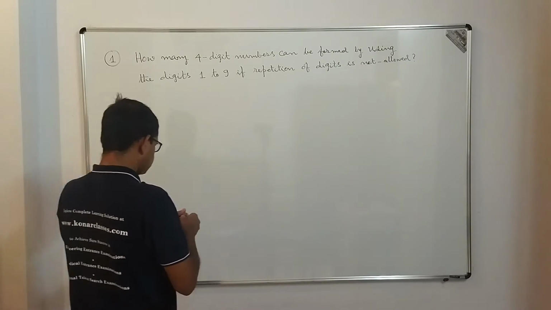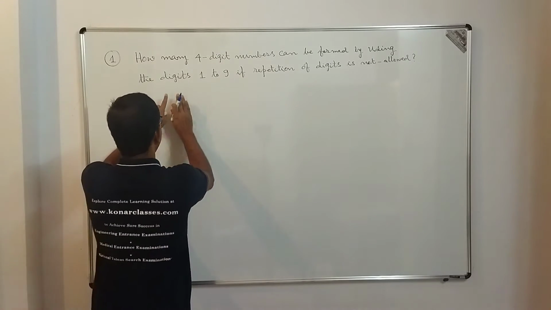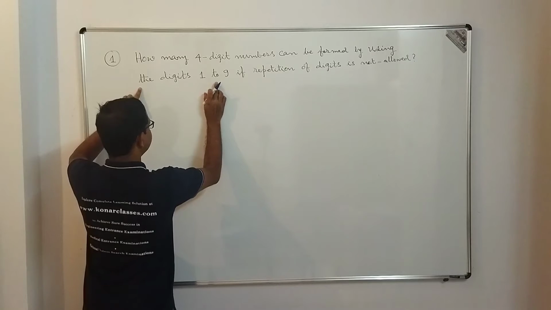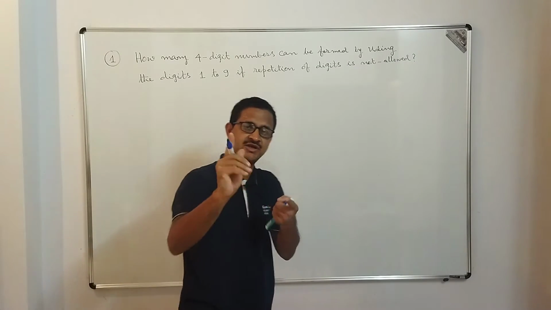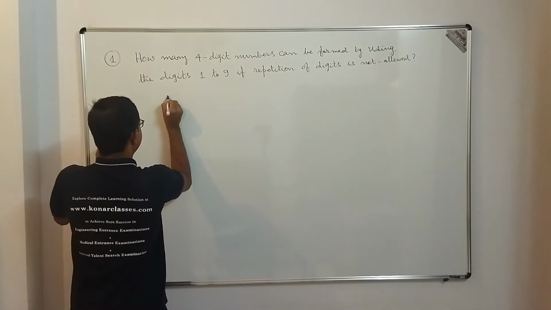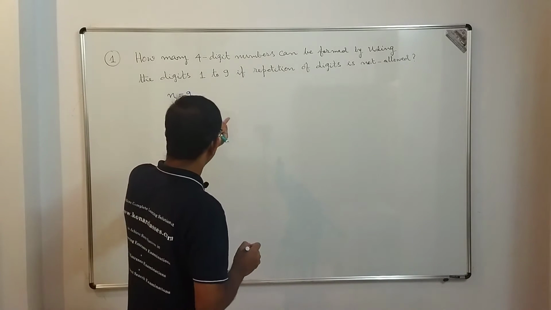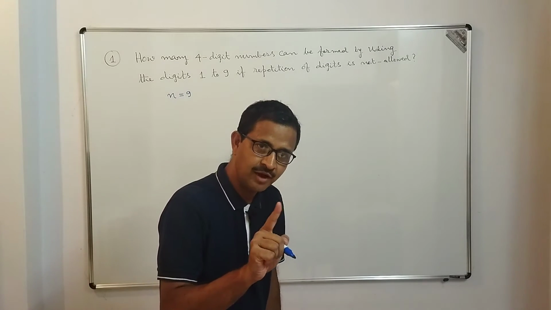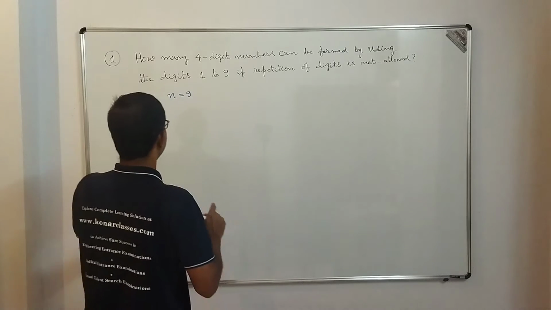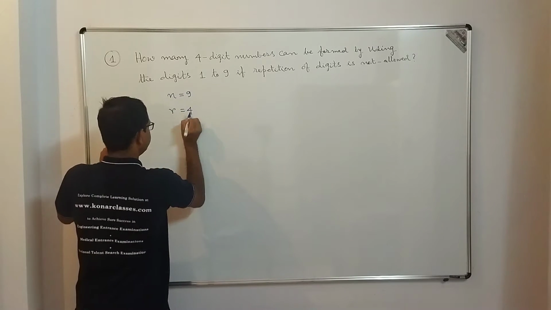Now the way to proceed is, how many distinct objects are there? 9: 1, 2, 3, 4, 5, 6, 7, 8, 9. So there are 9 distinct objects. Now out of these 9 distinct objects, how many do I need to take? That is 4. That means r is equal to 4.